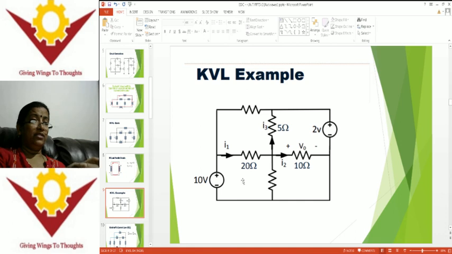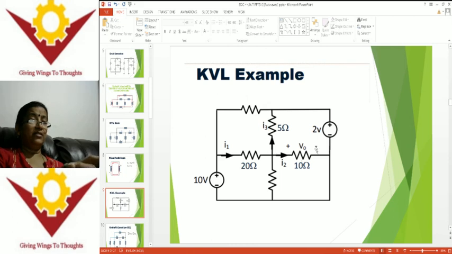Coming to this KVL example, here we have applied an independent voltage source of 10 volts and here an independent voltage source of 2 volts, with current I1 flowing through this branch, current I3 here, and current I2 here. That means I1 comes up to this point and divides into I2 as well as I3, so current division is taking place here.